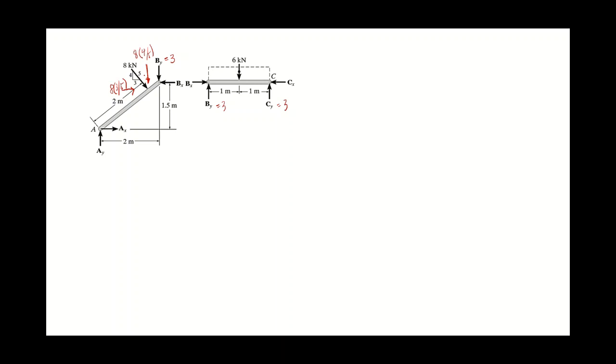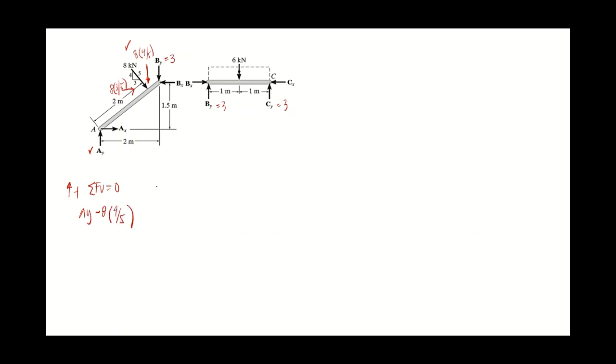Now, if we do summation of moment, first let's find AY. To do that, you can do summation of forces vertical equal to 0, positive upward. For example, AY is upward, so plus AY. This is the other vertical load, downward, so minus 8 times 4 over 5.